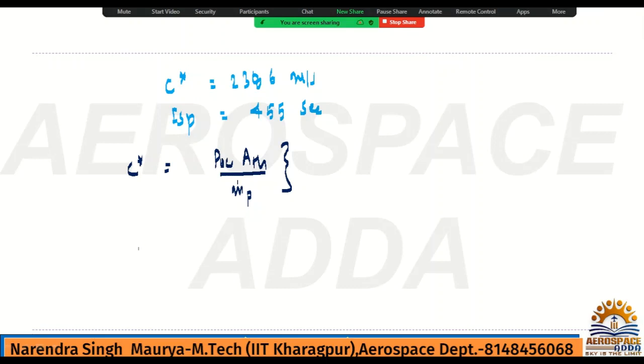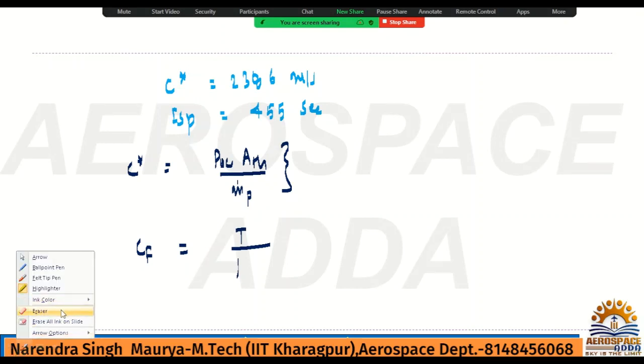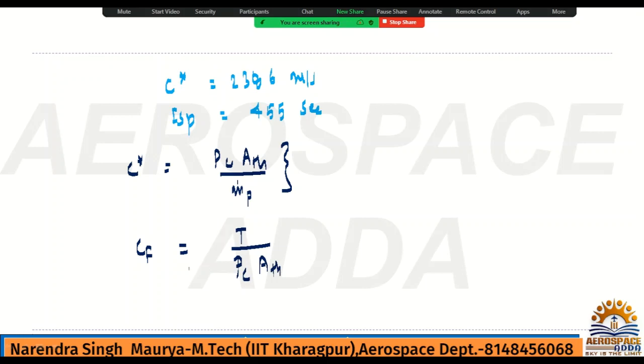If you remember, I had also given the thrust coefficient CF formula, thrust divided by P0C, the chamber pressure. In the initial lecture I told you chamber pressure means total pressure, so no need to write each and everything. If you use these 2 formulas, we can get the relation.